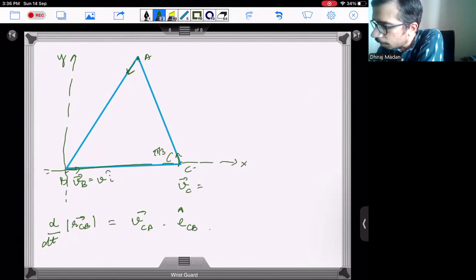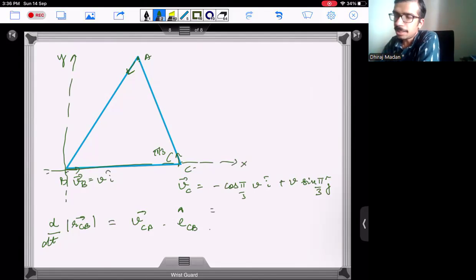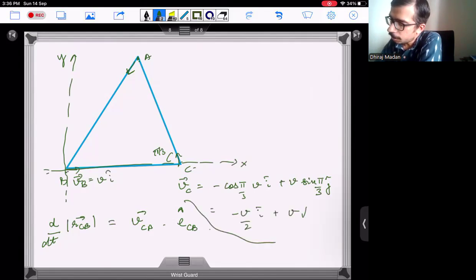So this is essentially minus cos pi by 3 V i cap plus V sine pi by 3 j cap. So we are taking the components along x and y axis. Now cos pi by 3, cos 60 degrees, is half. So we have minus V by 2 i cap plus V root 3 by 2 j cap.